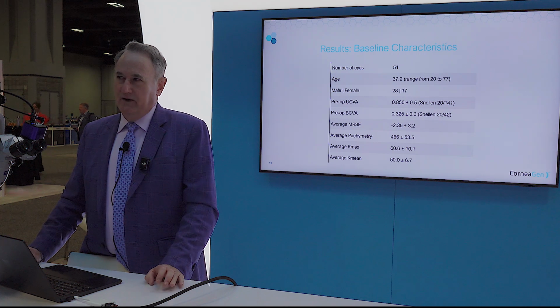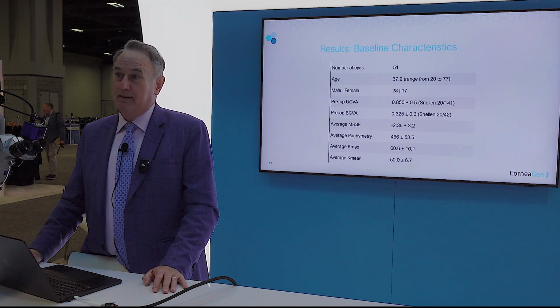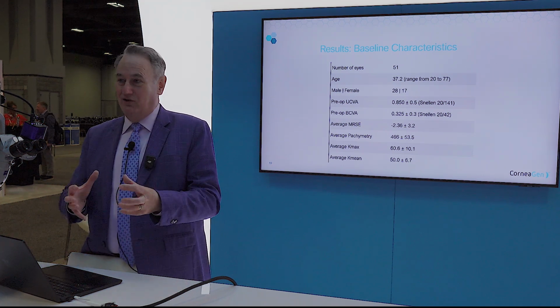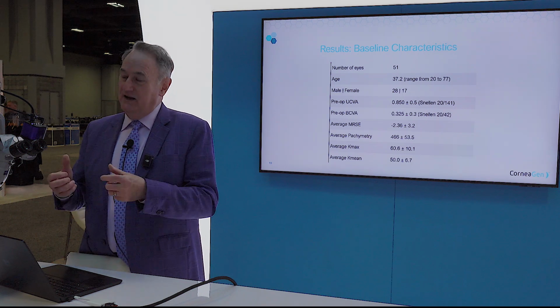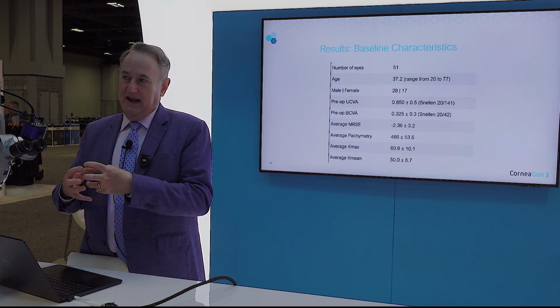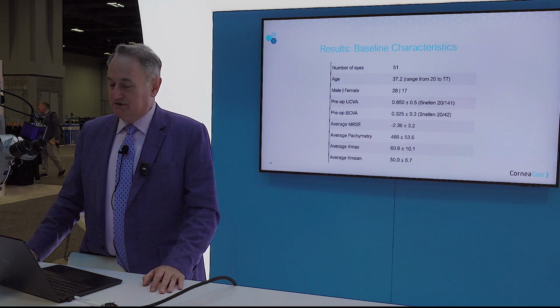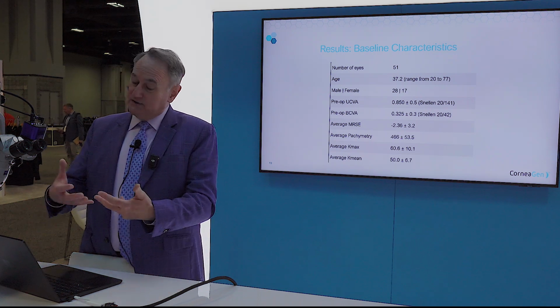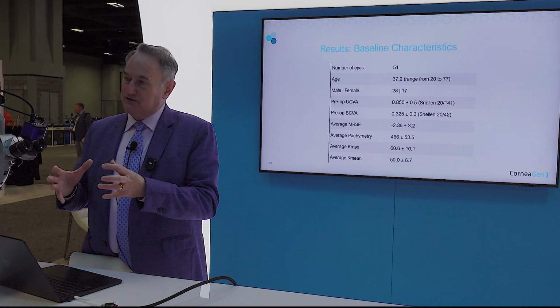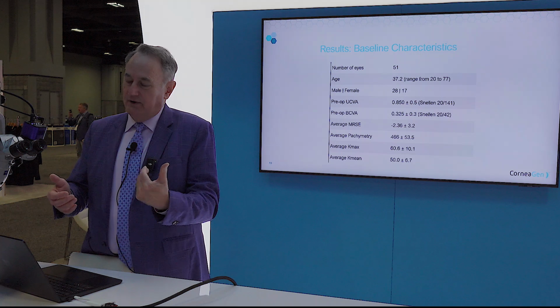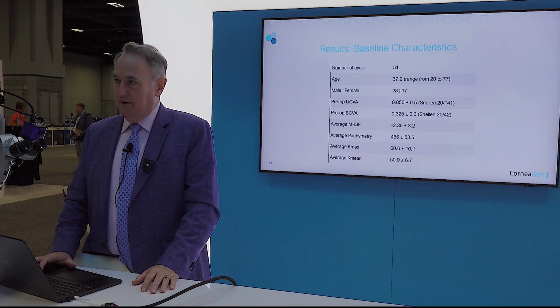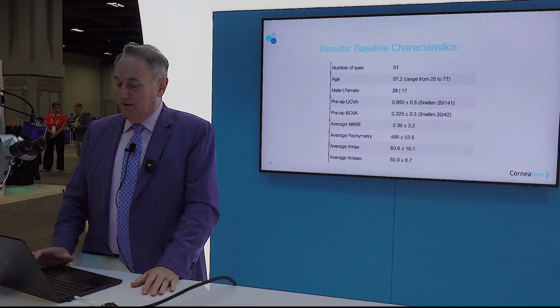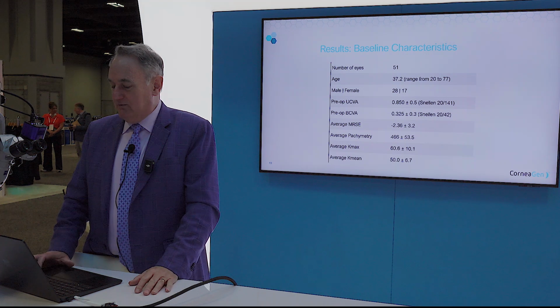But I do think that CTAK probably doesn't stop the progression of the other underlying components of keratoconus. And so I do think that having a plan to do both of those things is going to be helpful for the patient. So again, this is data on, and these are keratoconus only eyes. I'll show you the data on the ectasia eyes too. But so we had about 50 patients, average age 37.